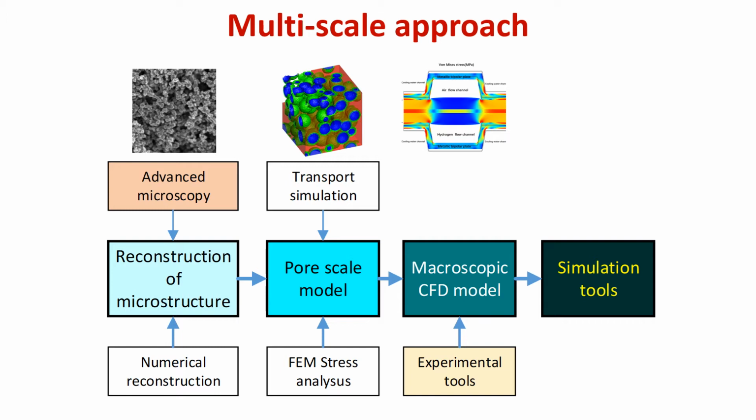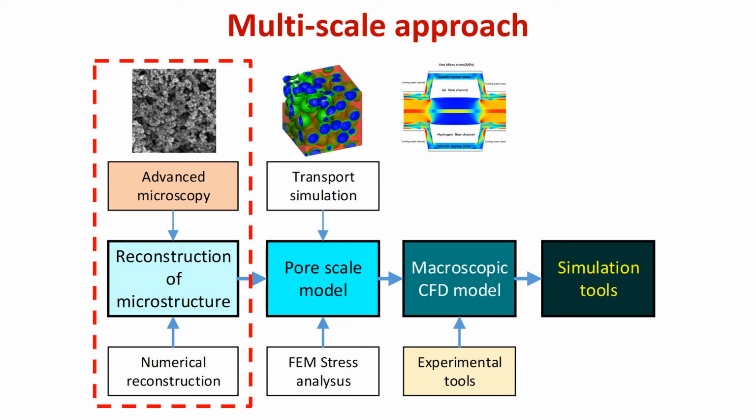First, we start with reconstructing the materials using either images obtained from advanced microscopy such as X-ray CT, or so-called FIB-SEM, depending on the length scale involved. We can also reconstruct the structure numerically based on observation from the material.